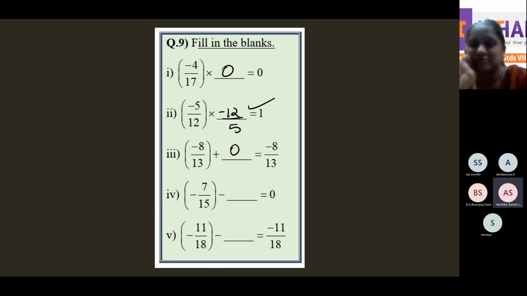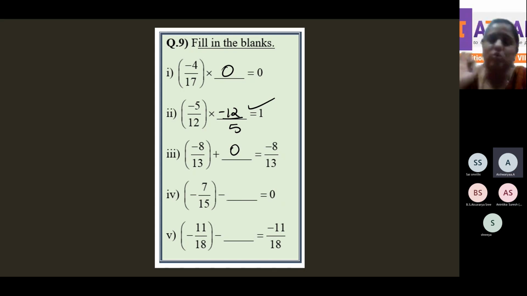Ma'am, if we say minus 7 by 15 minus, and then if we put in brackets minus 7 by 15, it should be the same. No, what should be taken in the blank? Then plus 7 upon 15. Okay, so you want to write this in the blank, right? Plus 7 by 15, correct?